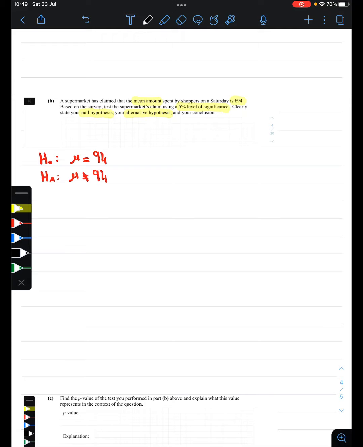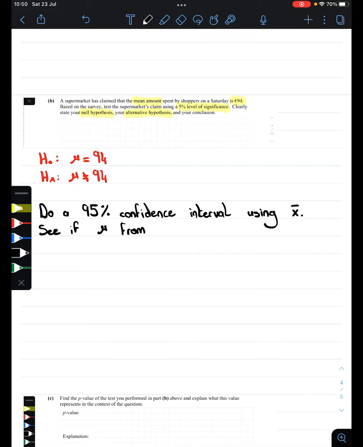So if you hadn't, you would do a 95% confidence interval using the sample mean, let's just call that x bar, and see if the mu from the hypothesis is within the confidence interval.